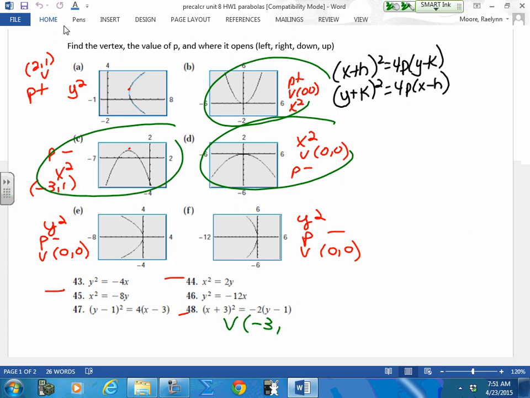Negative 3, 1. We just found that one. And look, P is negative: negative 2 equals 4P, divided by 4, P is negative 1/2. Oh, didn't we say P was negative? Yep. And it's an x squared? Okay, so this is C. Okay, we can cross this out.